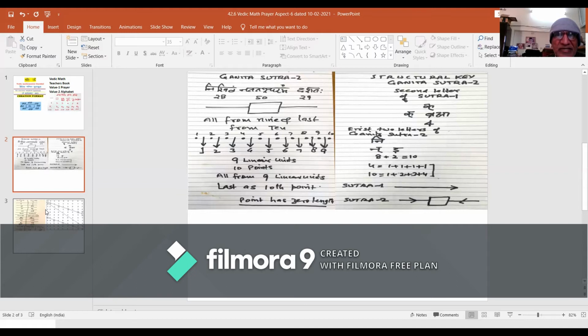Therefore, this organization, this formatting, this simultaneous handling process, this technique, this mechanism, this arrangement, this system of this sutra is having a unique way of organizing and handling a pair of distinct units.